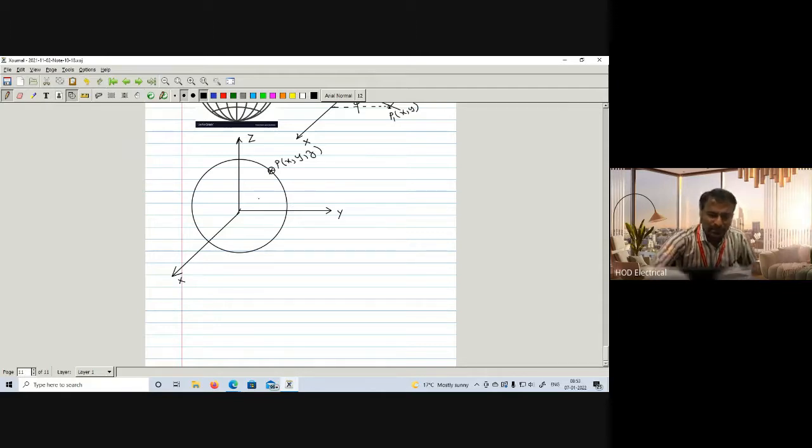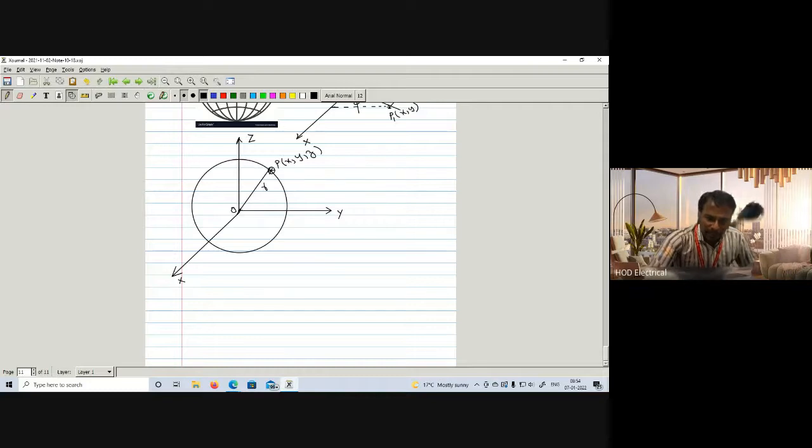If you see this, in the spherical coordinate system, assume this is the origin of the sphere. The distance between this origin and the point will be the radius r.